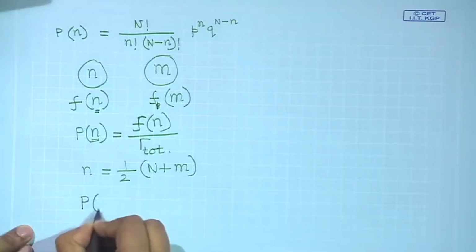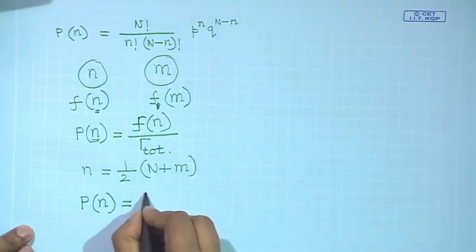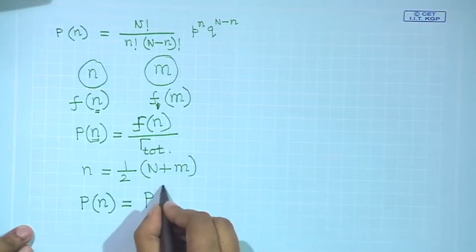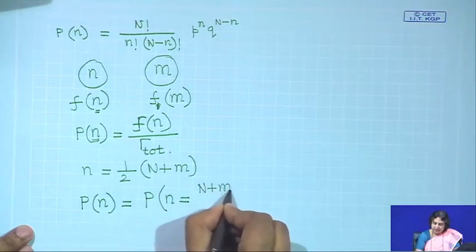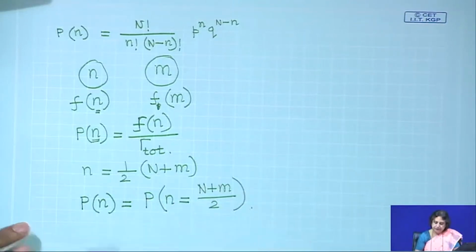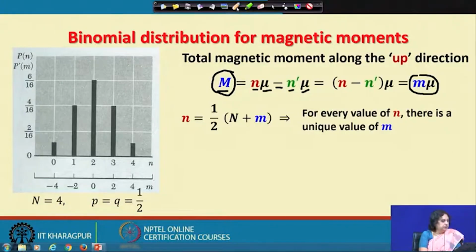The mapping would be P n would be equal to the same form of P, but I will have n equal to capital N plus small m by 2. Okay, so this is exactly what has been shown here. Now, as you see, when I use n to represent the different possible microstates, what I find is n can vary from 0 to 4 for the 4 particles of the system.